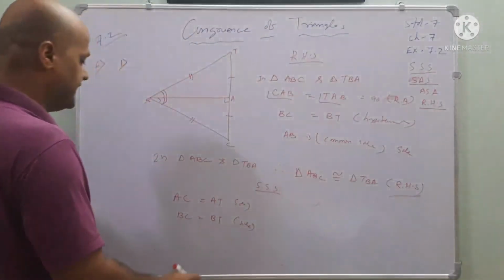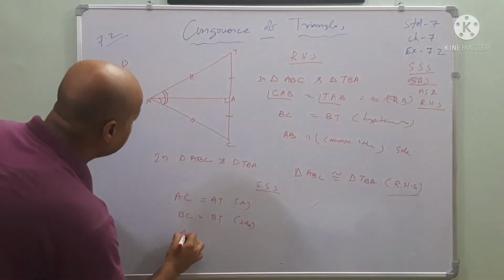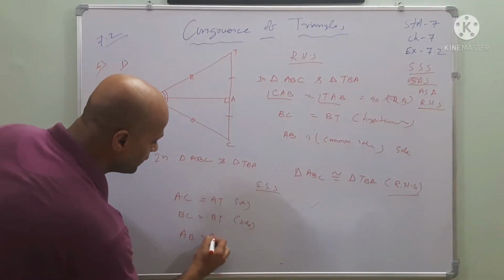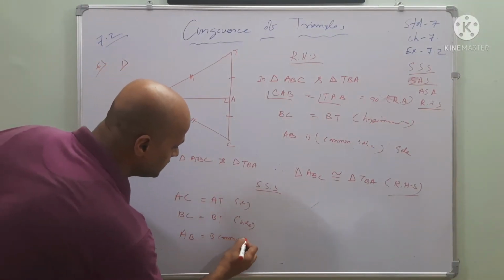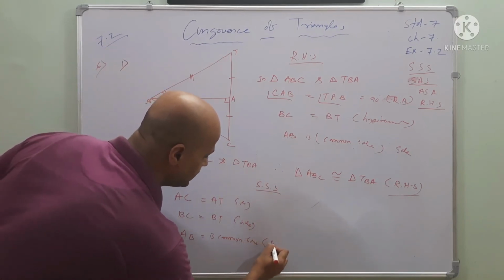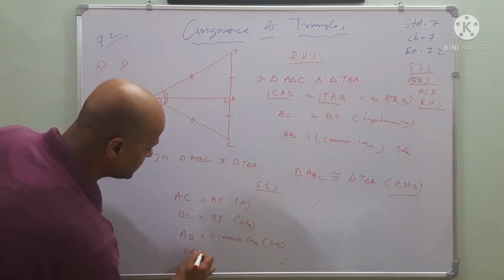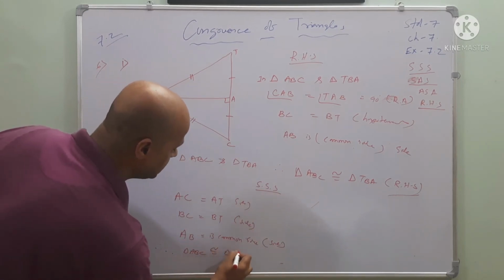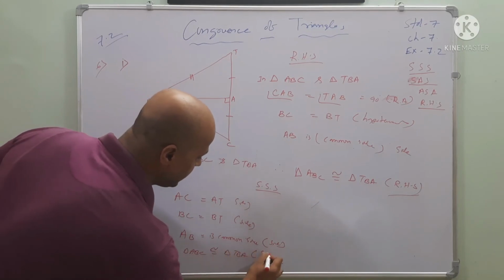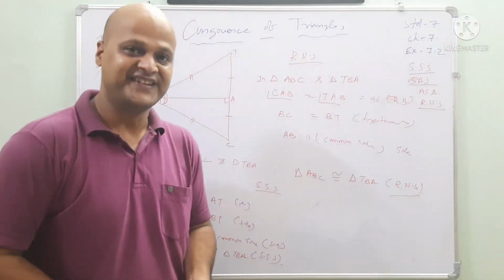Okay. Next one is which one? Yes, because we already read that AB is common side for both the triangles. Common side. So now, therefore, triangle ABC is also congruent to triangle TBA by SSS condition. Understood, my dear friends? How easy it is?